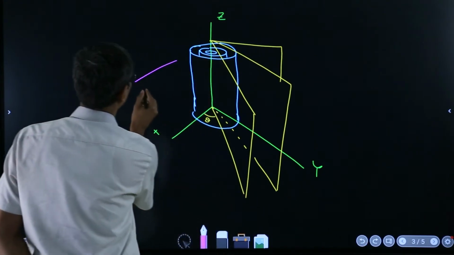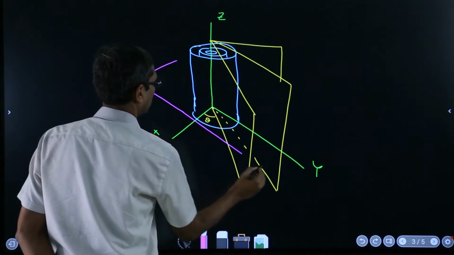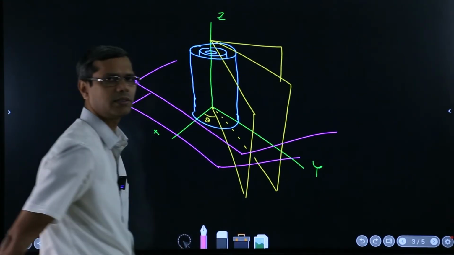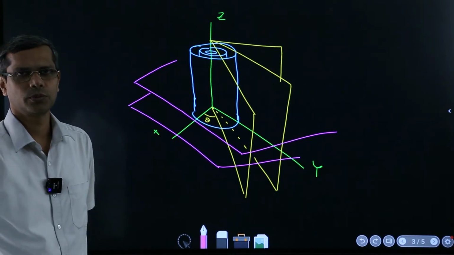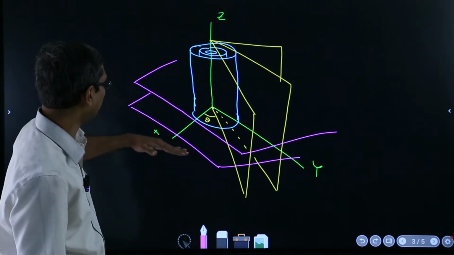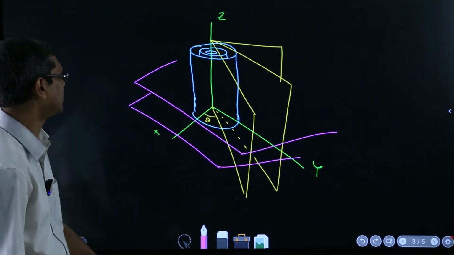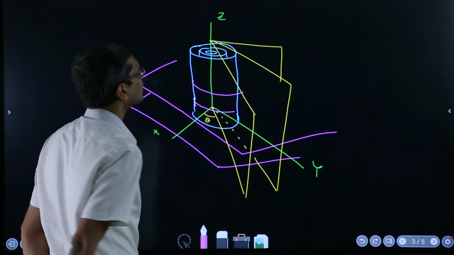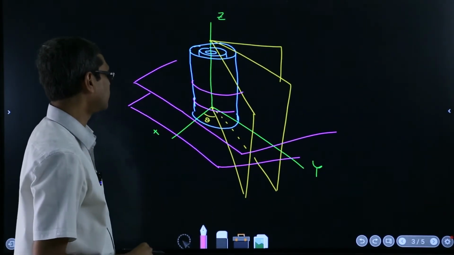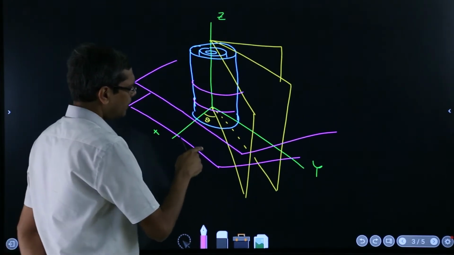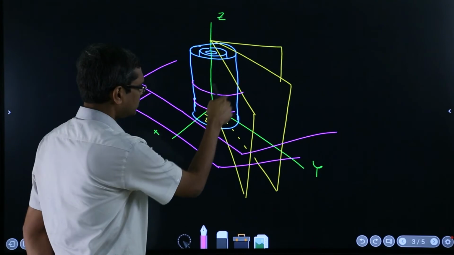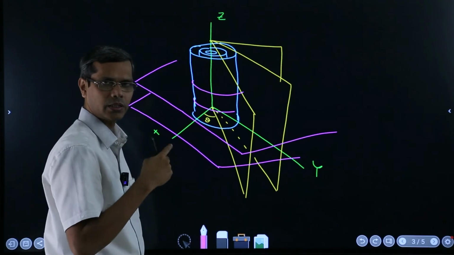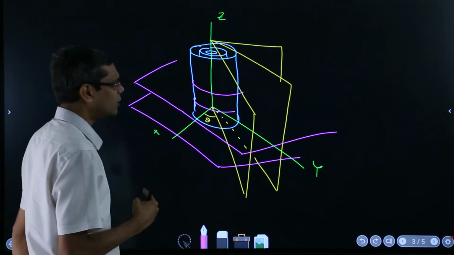These kinds of surfaces are parallel to the xy plane. These are planes which just cut these cylinders at different locations. If you see these curves, on them two values will be fixed and only one value will change.